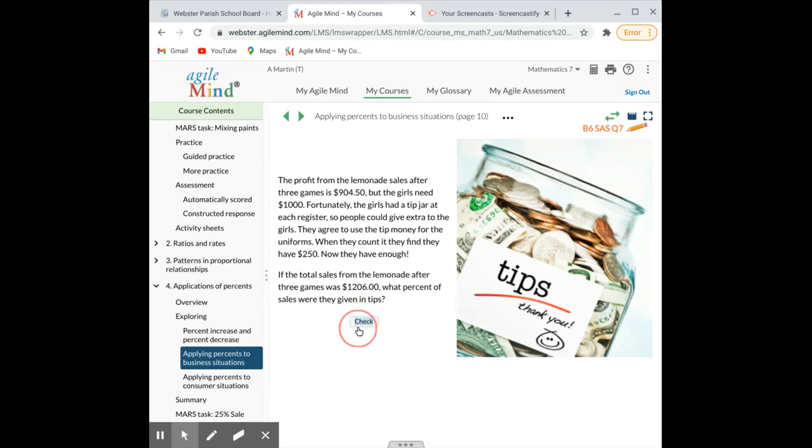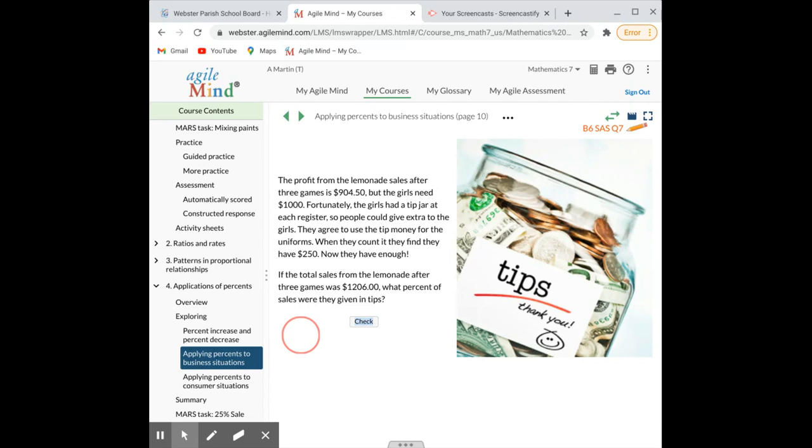The profits from the lemonade sales after 3 games is $904.50, but the girls need $1,000. Fortunately, the girls had a tip jar at each register so people could give extra to the girls. They agreed to use the tip money for the uniforms.